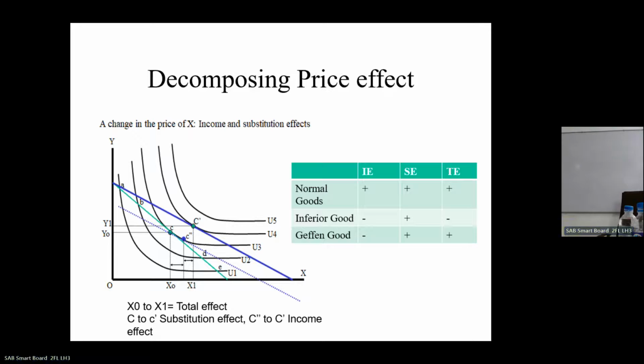So that is the tangent point here. The MRS equals the slope of the budget line.